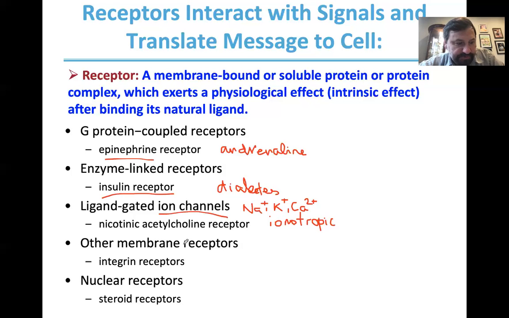Integrin receptors, so also very important ones, quite different from the other ones. They basically mediate cell extracellular matrix adhesion.